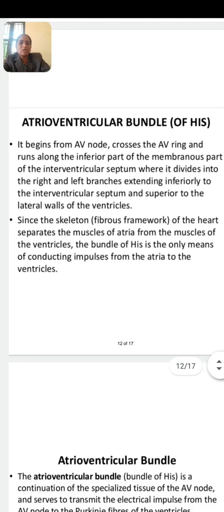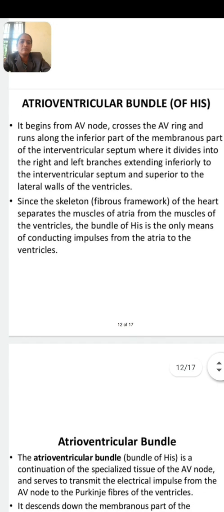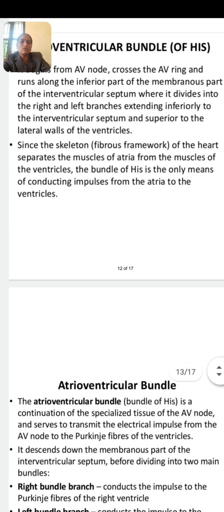The bundle of His, or atrioventricular bundle, begins from the AV node, crosses the AV ring, and runs along the inferior part of the membranous part of the interventricular septum, where it divides into right and left branches extending inferiorly along the interventricular septum and superiorly to the lateral walls of the ventricles.